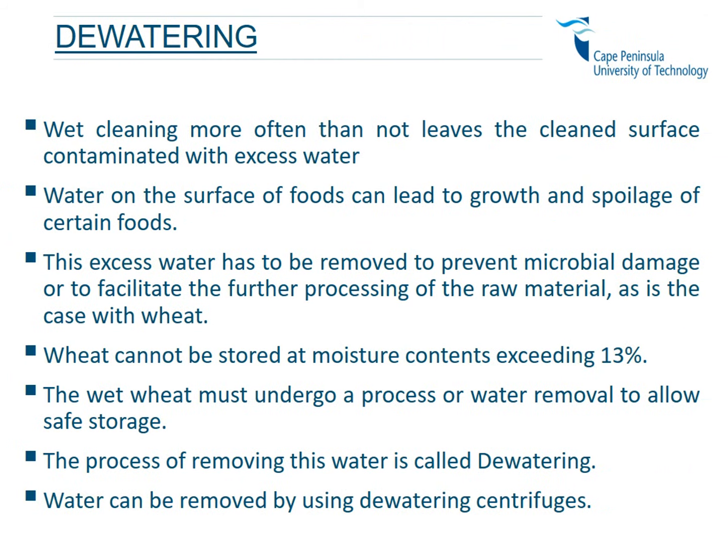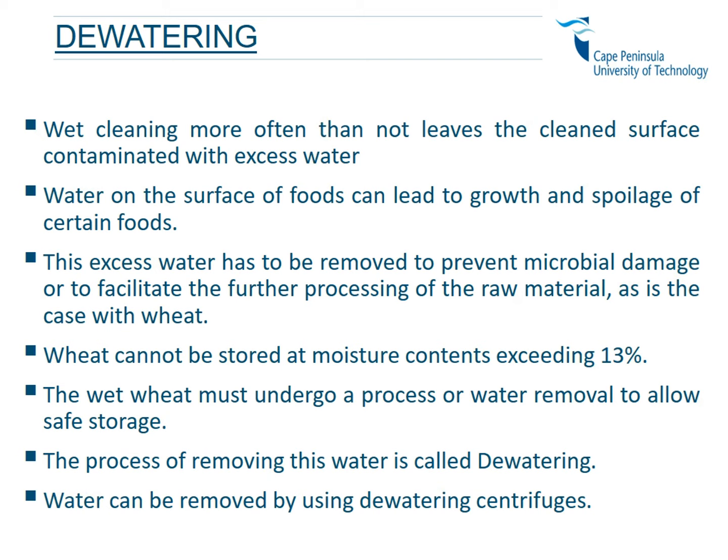We know that wet cleaning does not leave the cleaned surface without excess water. So there is always excess water. Water on the surface of the foods can, as I've said previously, lead to spoilage of certain food products. So it's very important that this excess water is removed to prevent microbial damage.